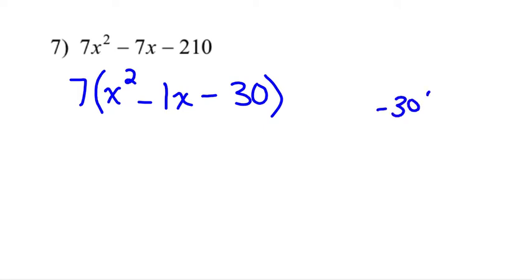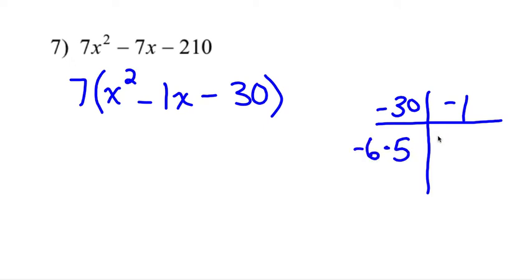Two numbers that multiply to give me negative 30 and add to give me a negative 1. Since my last number is negative, that means that my numbers have to be opposite in sign, one positive and one negative. Since my middle number is negative, that tells me the bigger number has to be negative. So I know that this is negative 6 times 5. But again, you can run through some other ones, 2 and 15, 3 and 10.